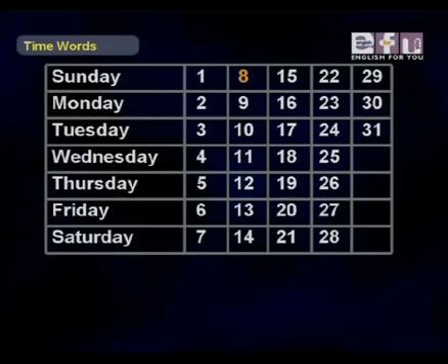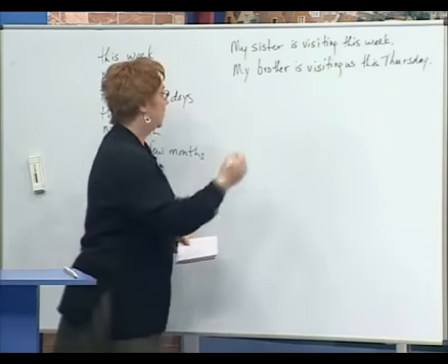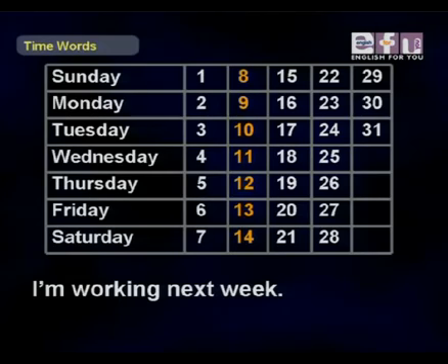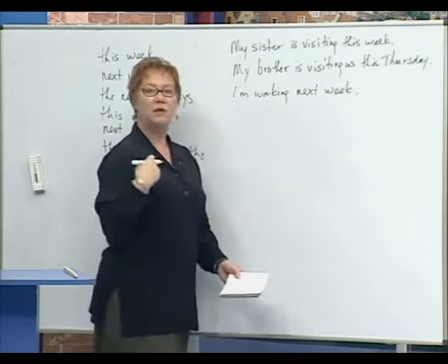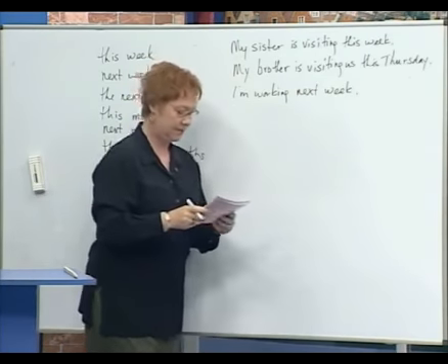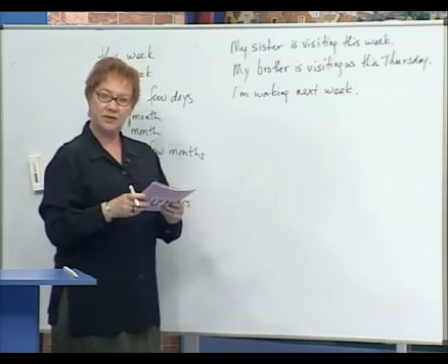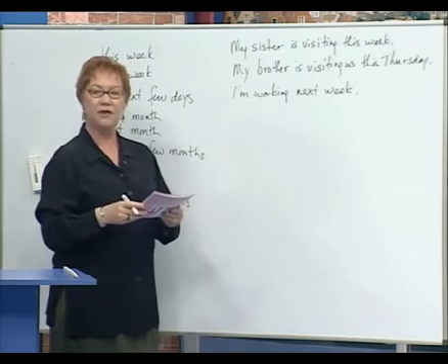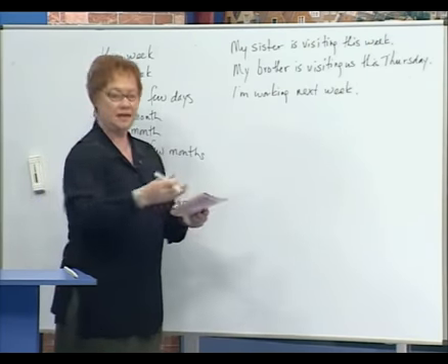Now, look at Sunday, August 8th on the calendar. All the days from Sunday, August 8th to Saturday, August 14th are next week. So we can say, I'm working next week. To talk about Tuesday, August 10th, we say next Tuesday.